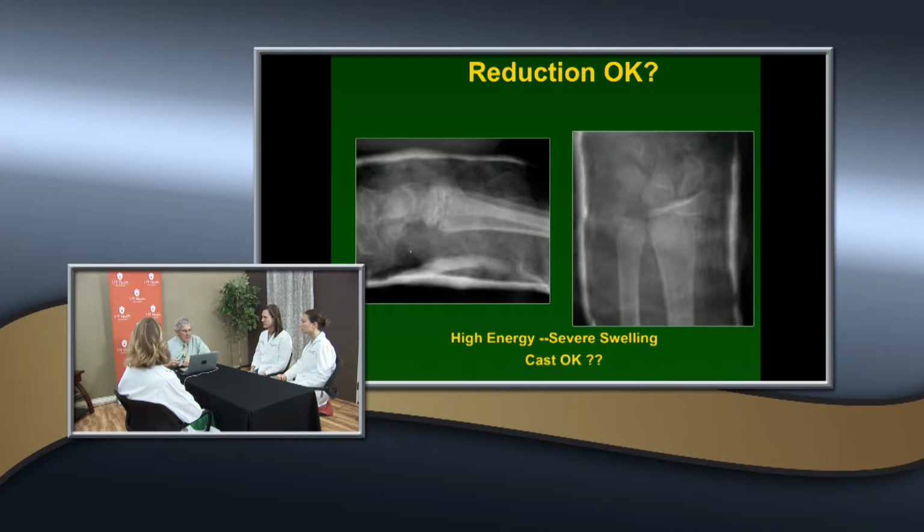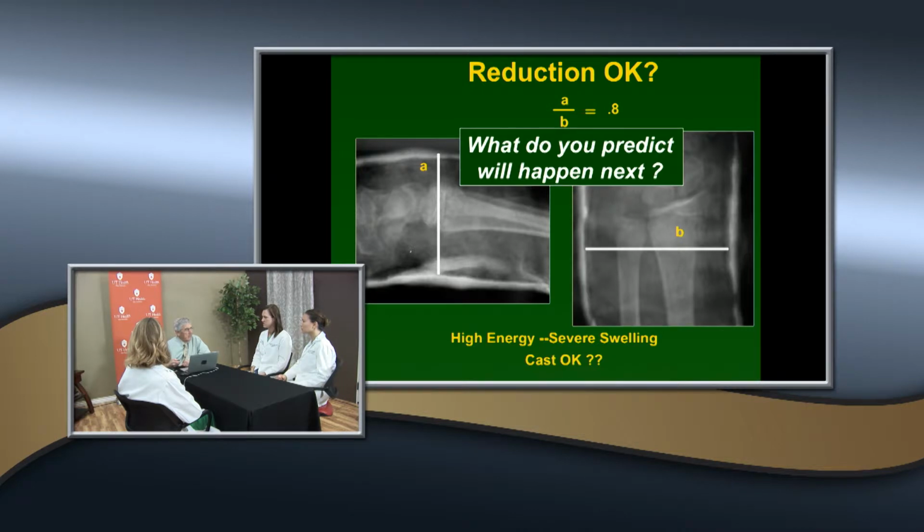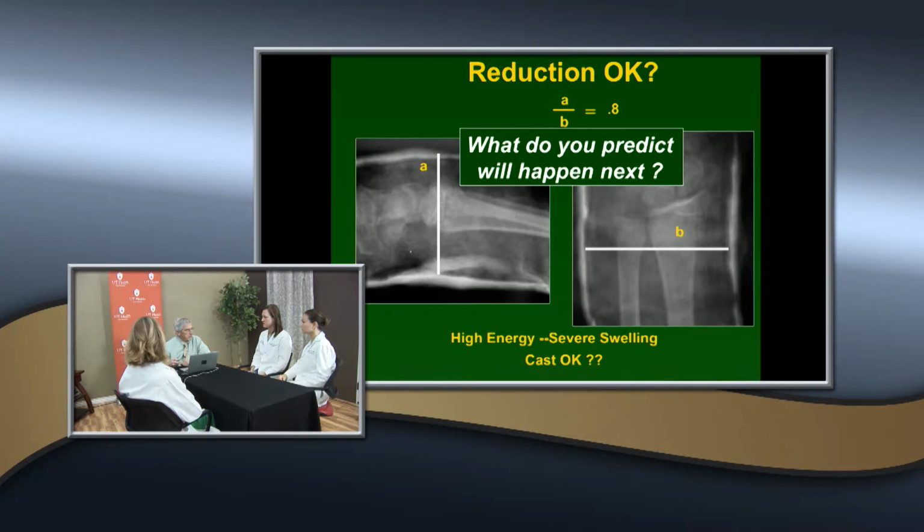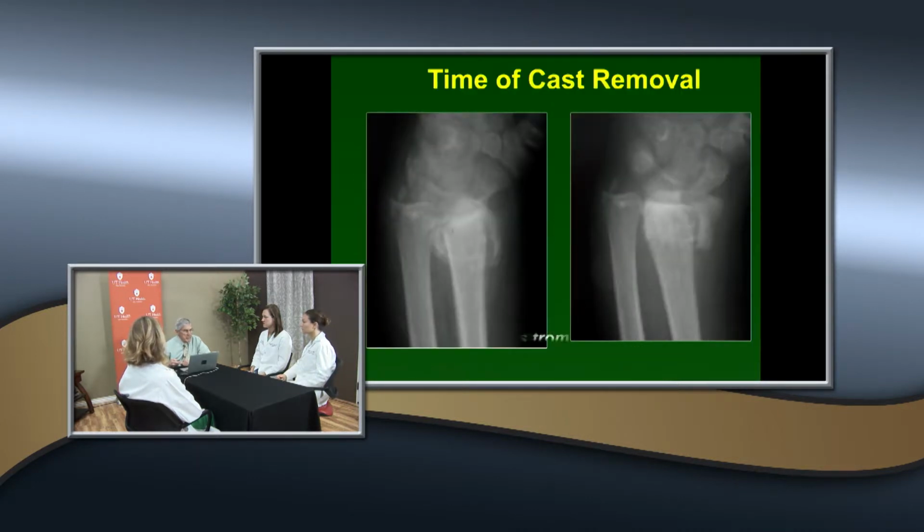That's right. The cast is not okay because A over B is 0.8. So what are you afraid is going to happen when the swelling goes down? It'll fall off. That's exactly right. That's why it's important that you make sure afterwards that you've got a good elliptical cast, because this cast was circular and really didn't provide good fixation, especially when the swelling goes down.